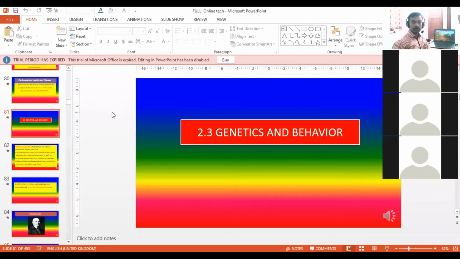In the previous class we learned about the body-mind relationship. Body and mind are inseparable, and should be balanced and synchronized.